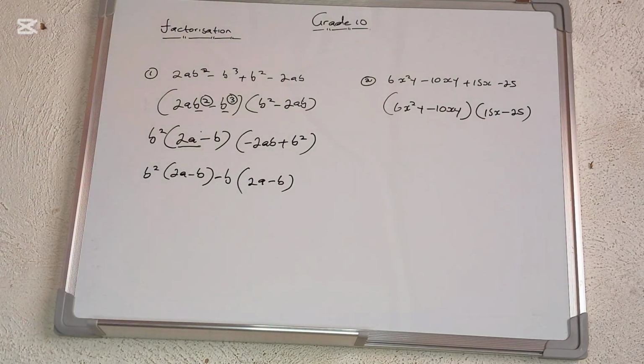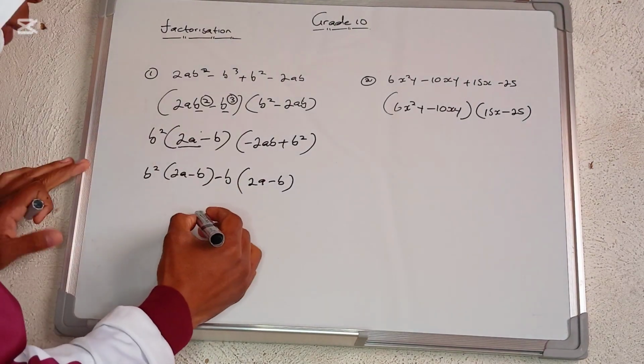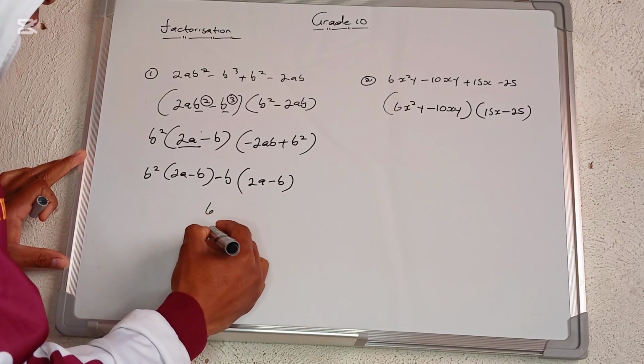So we have to look for a number that is common in these two terms, 6 and 10. Let's check for a number that is common. We have 6, I have 10, yeah?